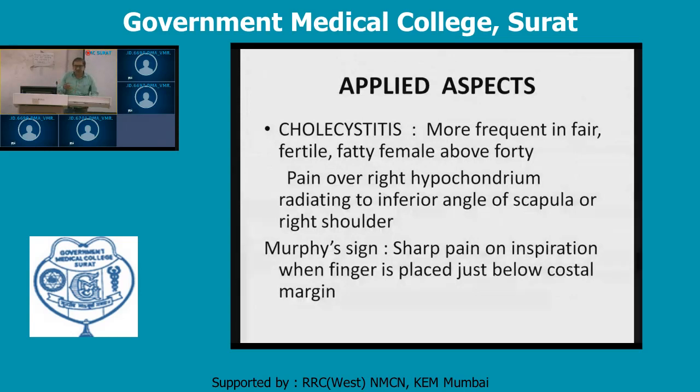Now what's the complaint of the patient in case of acute cholecystitis? Pain over the right hypochondrium that may radiate to the inferior angle of the scapula as well as the right shoulder.